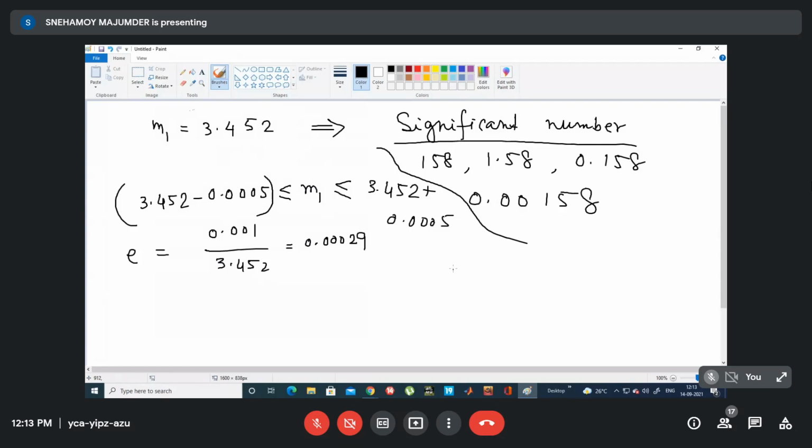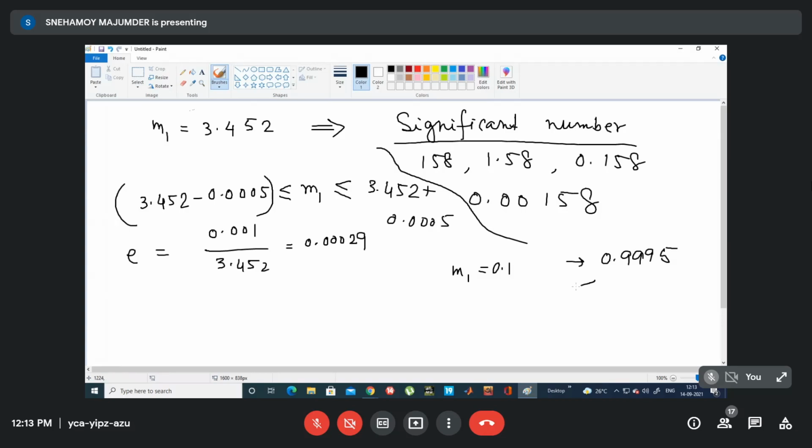And supposing that this M1 is now say 0.1. So we can get it as 0.09995 for significant points, suppose I want to get.